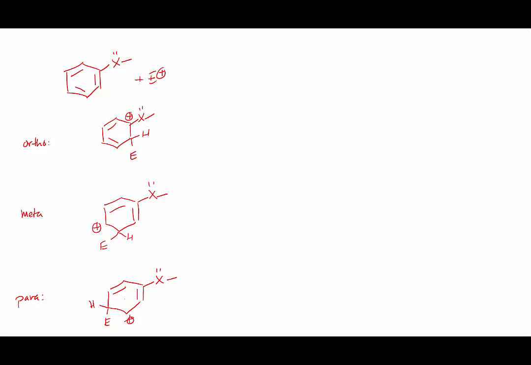Okay, so there are my initial carbocations from adding the electrophile ortho, meta, and para. Now what I need to do is write all the possible resonance structures of each of these intermediates.